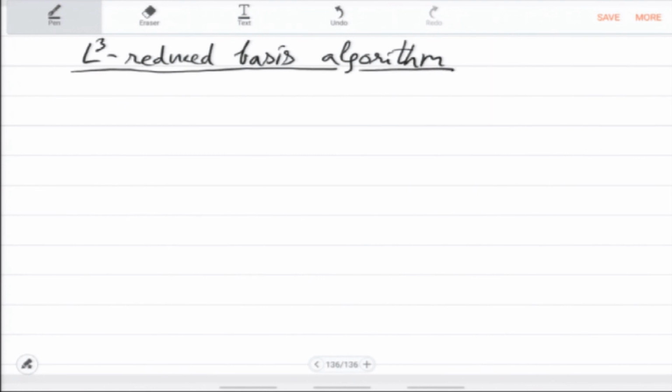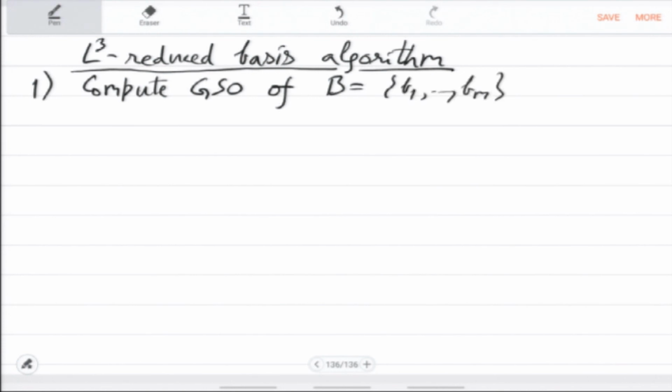The first step is to compute the GSO of the vectors given to you. So you will get B1 star to Bm star. This can be done efficiently.